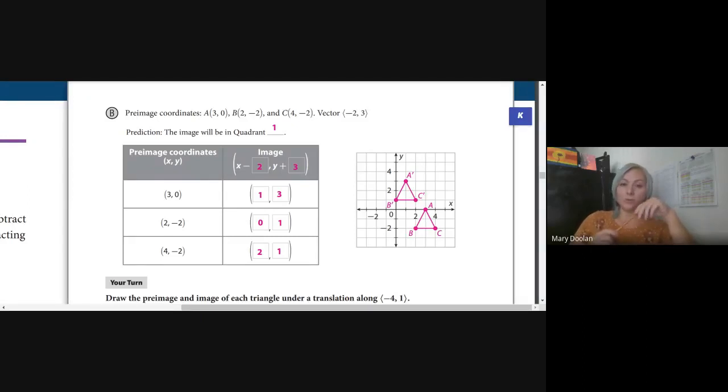And then the y coordinate of our vector, +3, means we're adding 3. So a 3 would go in the box. You should have +2 and +3 in the dark gray box. And then doing that to each of your ordered pairs, you should get 1, 3, 0, 1, and 2, 1. So if you were to plot all 3 points and connect them, you get a triangle. So the pre-image is triangle ABC, and the image after the translation is triangle A prime, B prime, C prime.